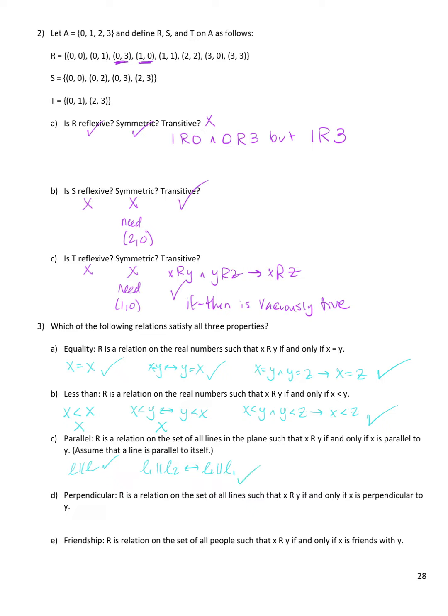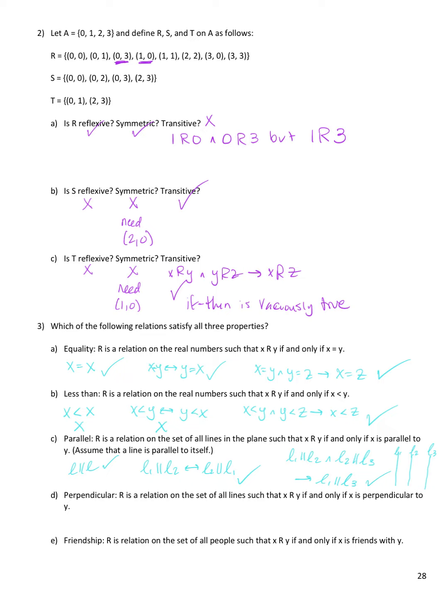And then transitive: if L1 is parallel to L2 and L2 is parallel to L3, does that imply that L1 is parallel to L3? So here are 2 lines parallel, L1 and L2. L1's parallel to L2. L2's parallel to L3, so I'll put a third one here, parallel. Yes, it does look like L1 and L3 have to be parallel to each other.